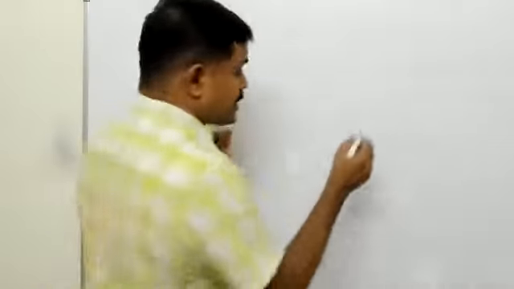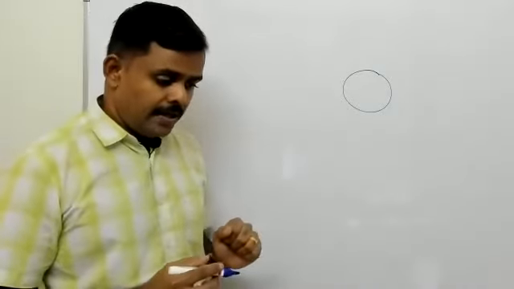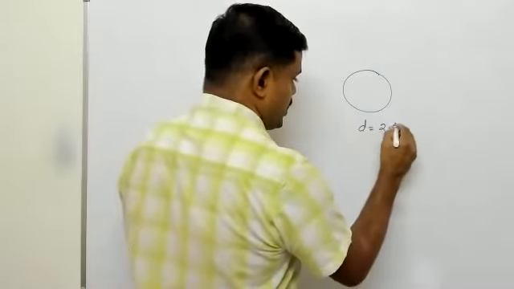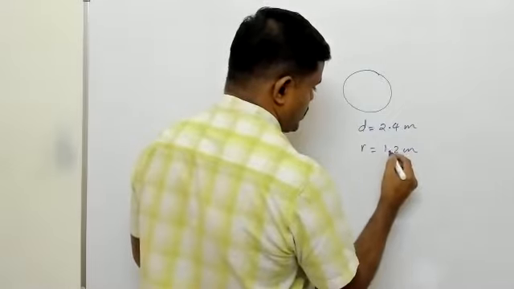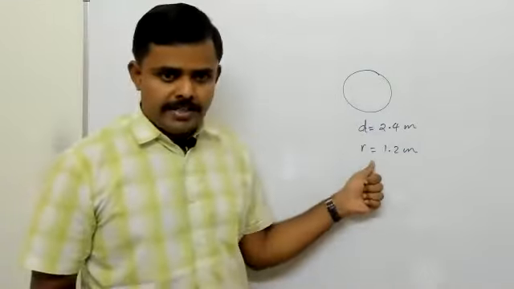Okay, what is the question? A uniformly charged conducting sphere of diameter 2.4. Diameter is 2.4 means radius is 1.2 meters. What we need is not diameter; in fact, it is radius that we want.